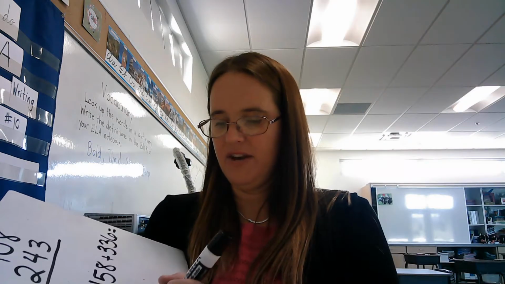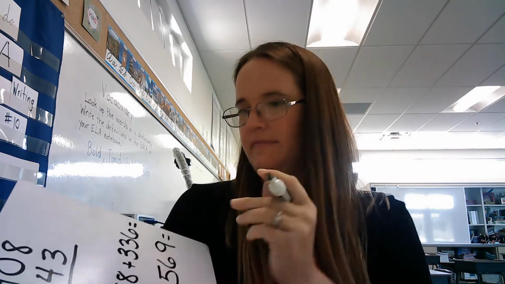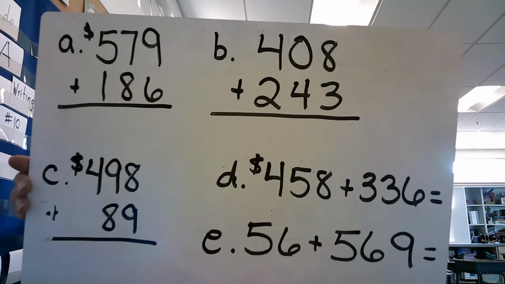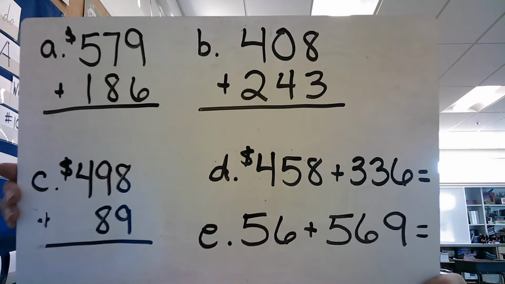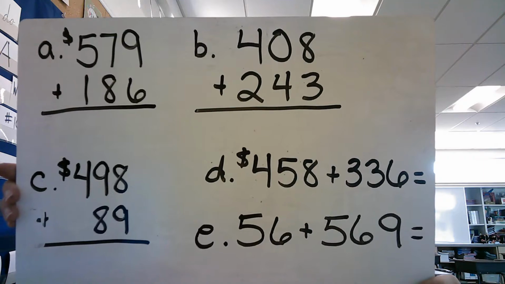Okay, and then they have another one, E, written horizontally, which is 56 plus 569. So hit pause right now, try those problems on your own, and when you're ready to go over the answers, hit play again.